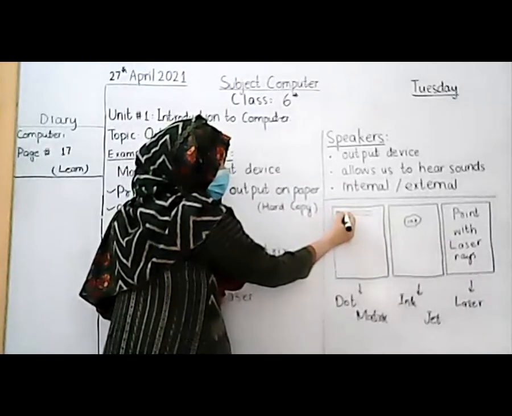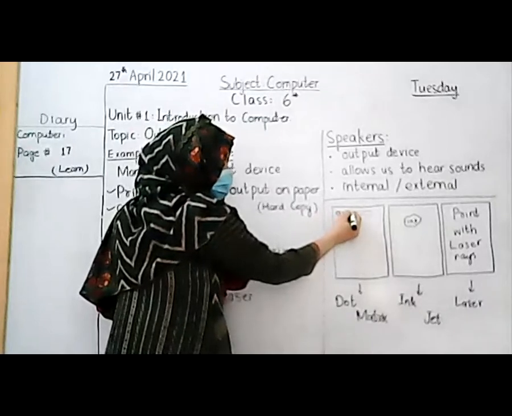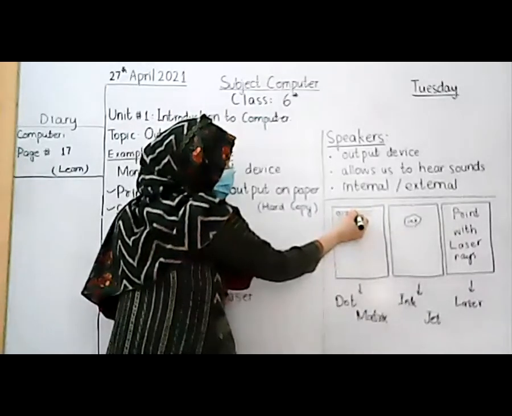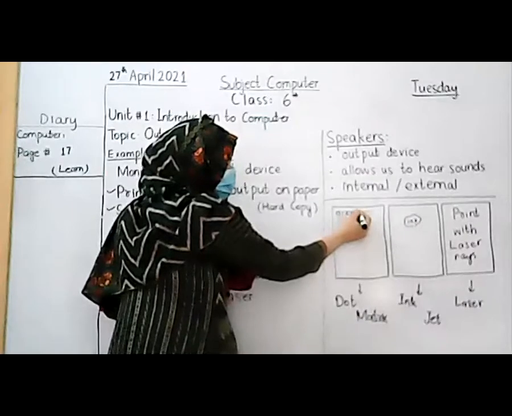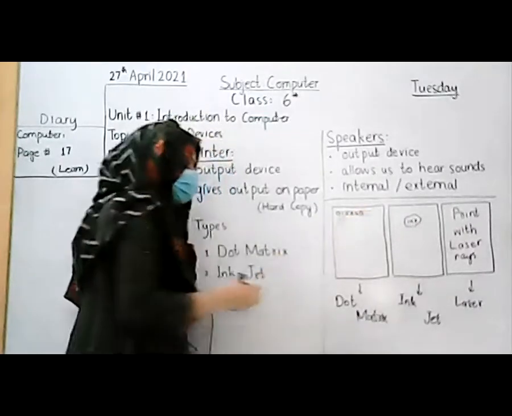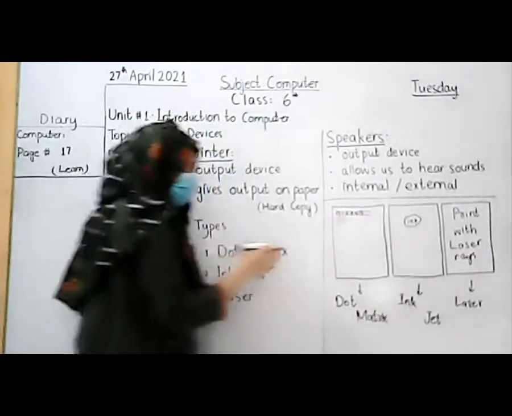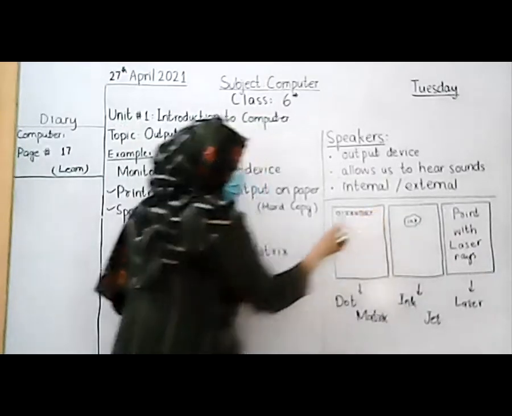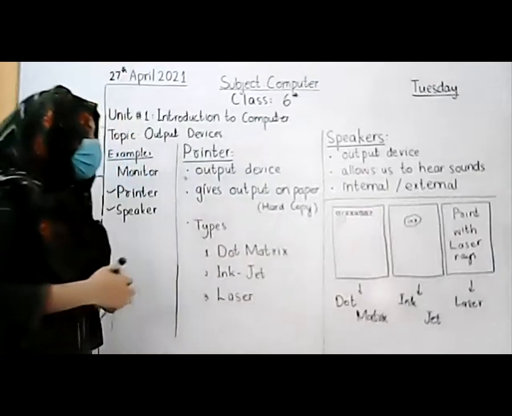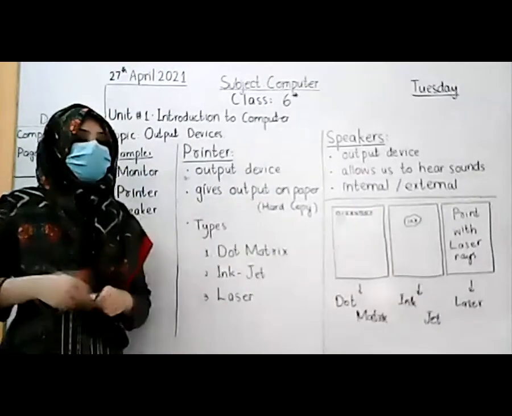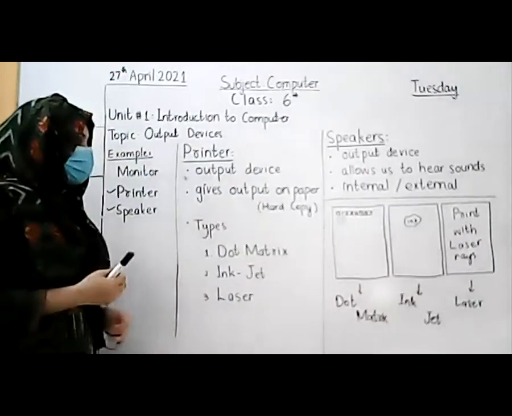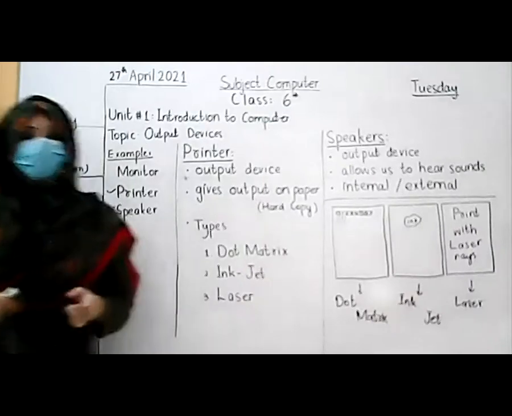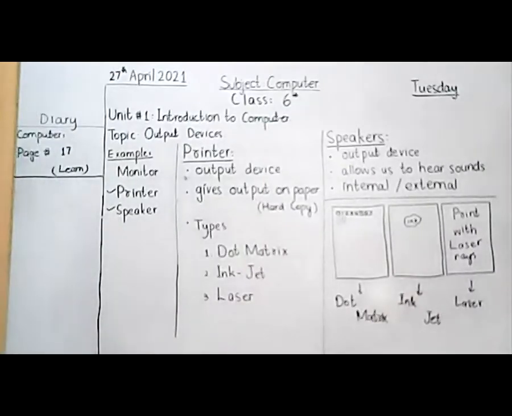Then 1 and then 2, 3, 4 and 5. In this way, it will join the dots to print any number. Clear? Sixth class, I want your response. Is it clear to your mind?